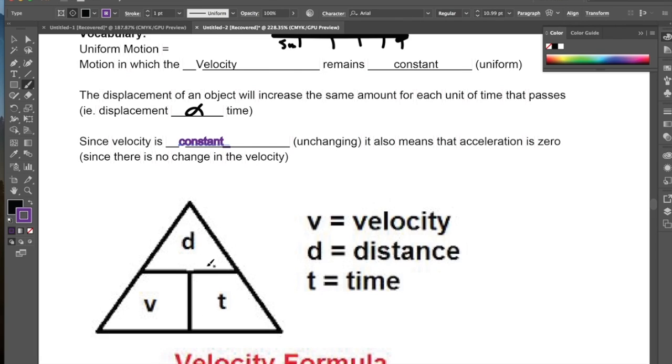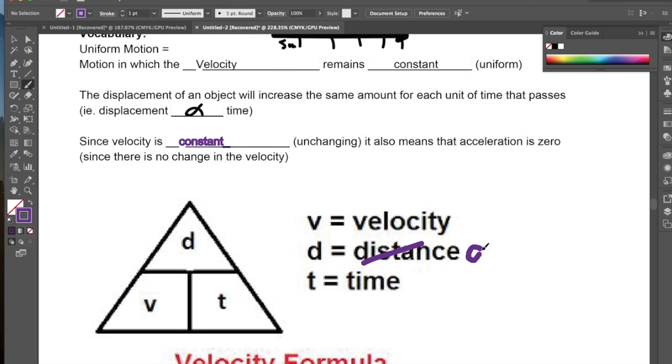Now, this graphic I found was a little off, because if we're talking velocity, this should say displacement.